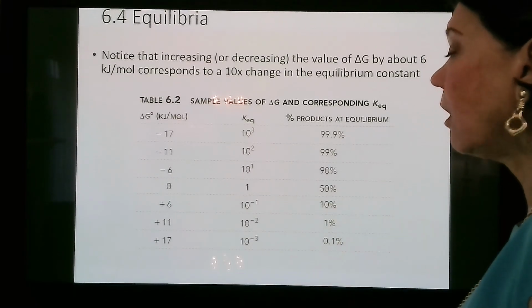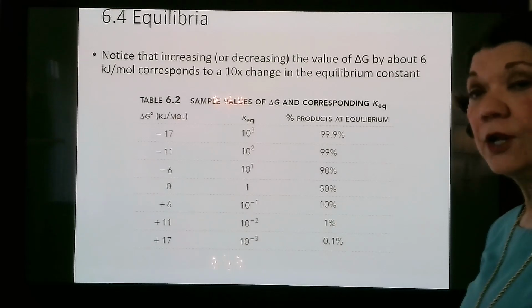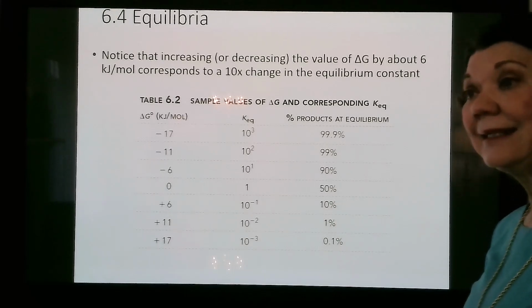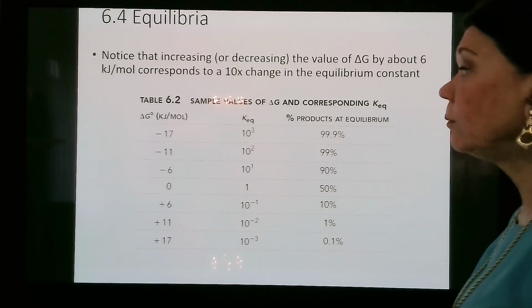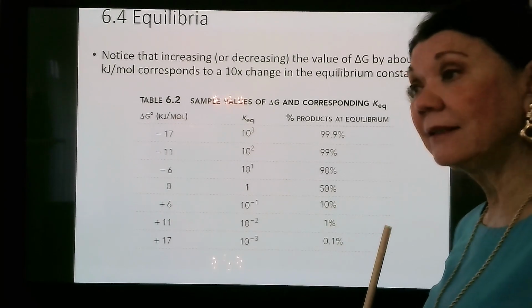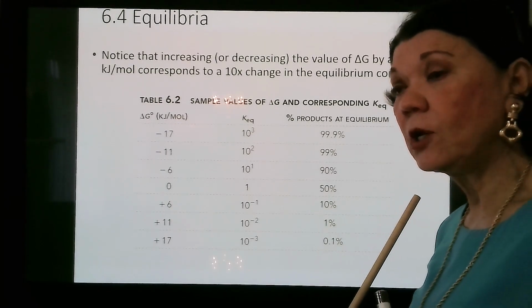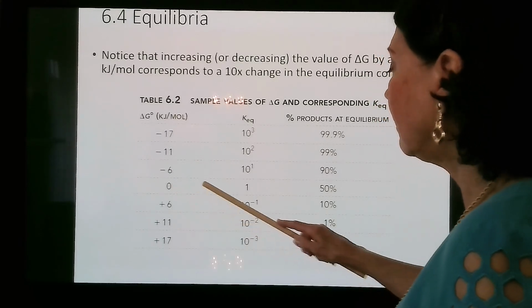If the equilibrium constant is 1, that means that the concentrations of reactants exactly equals the concentrations of products. And so, of course, that tells you if they are exactly in equilibrium, if they equal each other exactly, that means that they have the same energy. And that's what this tells you.